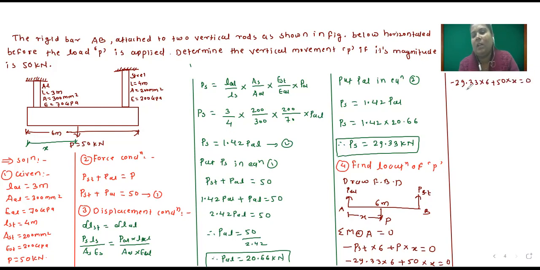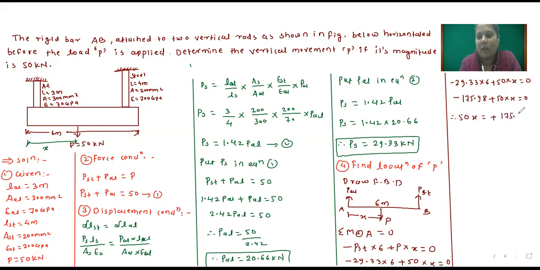Minus 29.33 into 6 is minus 175.98. So minus 175.98 plus 50 into X is equal to 0. Therefore 50X equals this; when we shift the minus to the right side, it becomes plus.